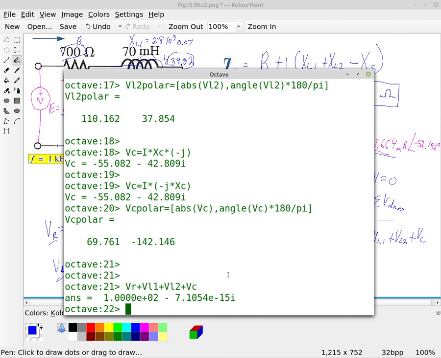So the angle there is basically 0, it's a tiny minus angle, minus 0.000000000000007 1054. All right, so this angle is basically 0, right? So this is basically 0 degrees.